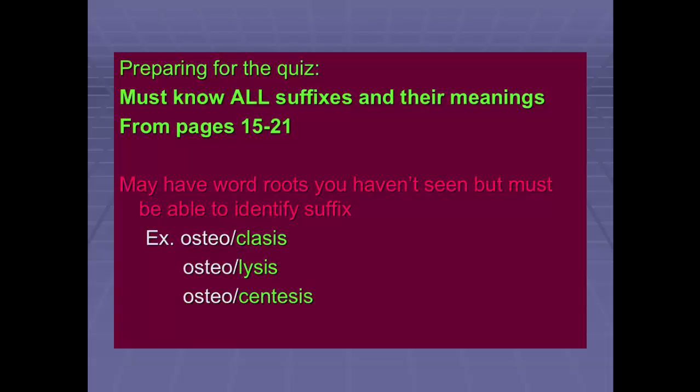On the quiz, you may have word roots that you haven't seen, and you don't have to know the meaning of those, but you must be able to identify a suffix. So in the example, maybe I would have a test question that reads, in the term osteocentesis, osteo means bone. What does centesis mean? And then you would have to come up with the answer, which is surgical puncture.